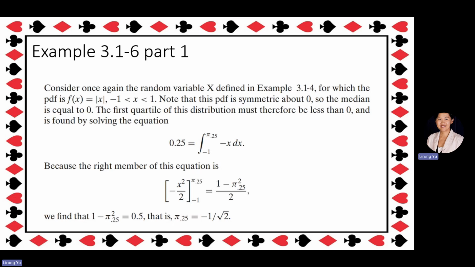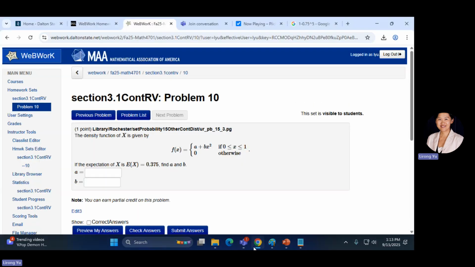So here we have, let's determine, if the density function is as a value of x from -1 to 1, what is the 0.25 percentile? The function is symmetrical, so the 50% percentile is very easy to tell.